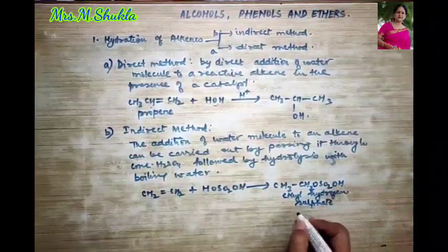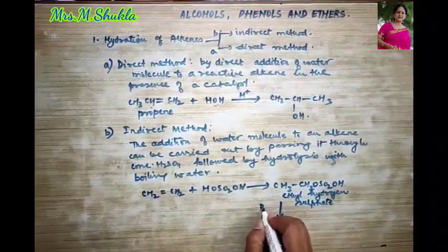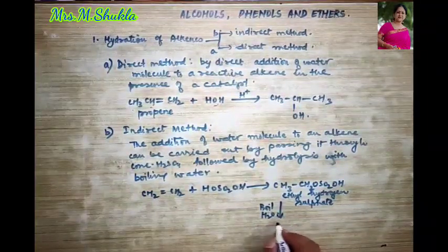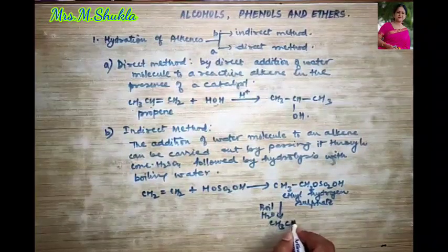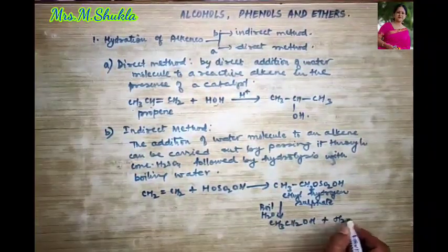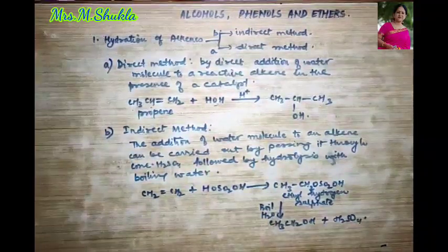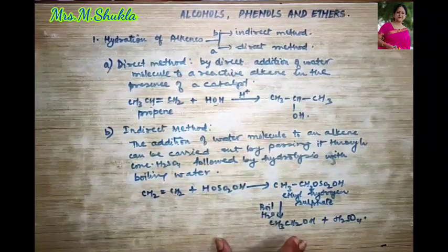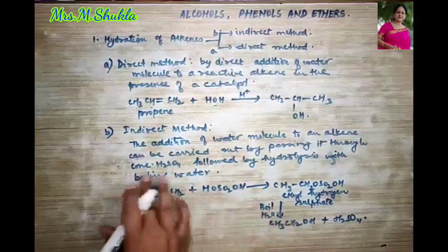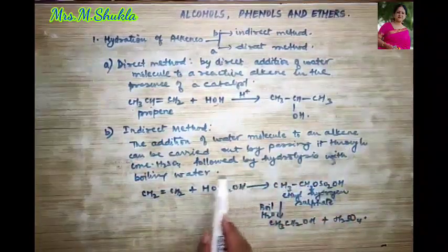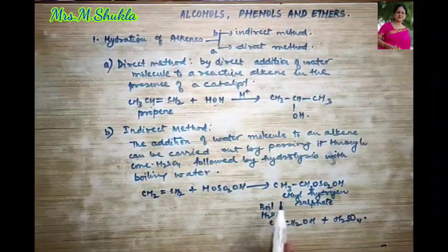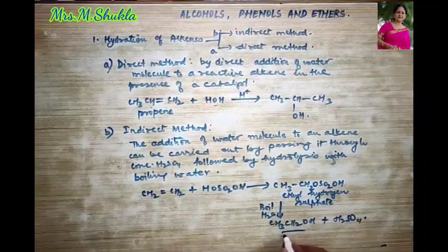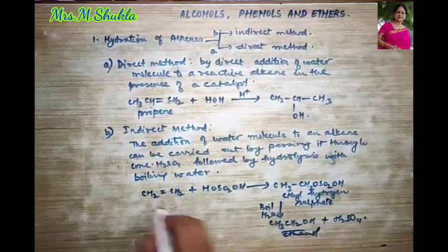Okay, so further, on boiling with water, it is going to give you ethanol, that is CH3CH2OH, and sulfuric acid will be given out. So this is the indirect method. The addition of a water molecule to this alkene can be carried out by first passing it through sulfuric acid followed by hydrolysis with boiling water, and it will give you ethanol. Ethene will give you ethanol.